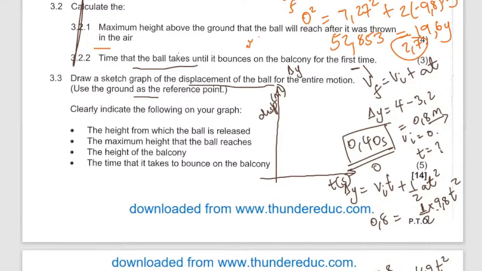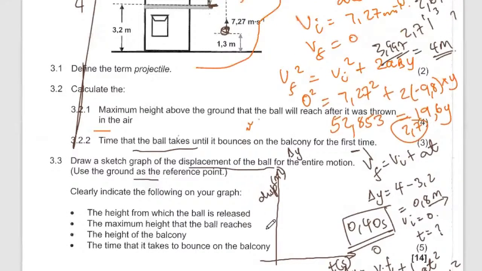What we shall notice is that this ball is going to start at a height of 1.3 meters. Then it will go up, reach a maximum at a height of 4 meters. That's what we said.